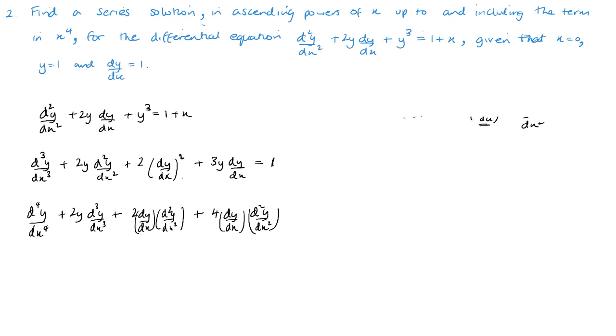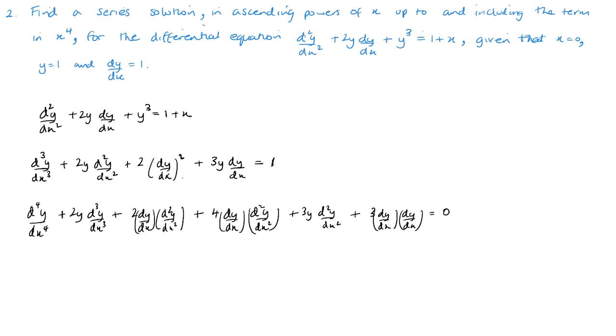Hopefully you're all okay with that. Now moving on to this one, we've got 3y times this differentiated, so it's 3y times d2y by dx squared, plus 3y differentiates to 3 dy by dx times dy by dx, and that's going to equal 0.